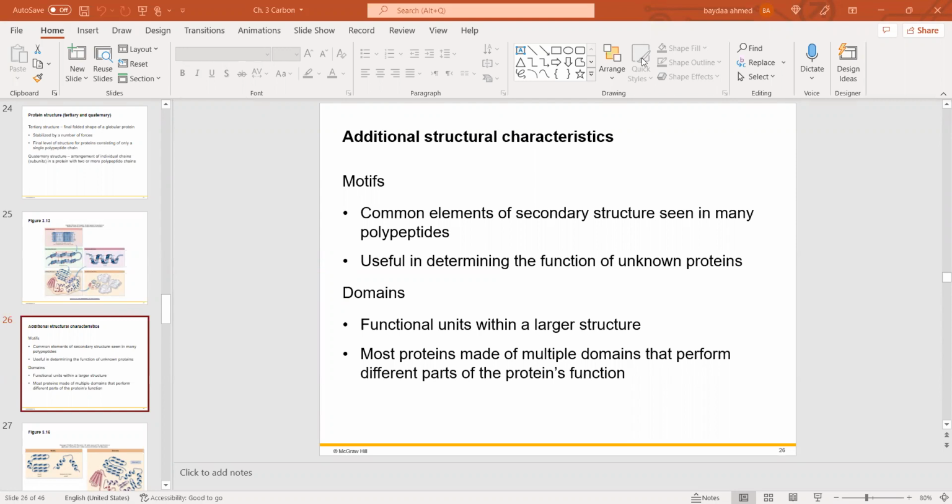Changes of a motif change the corresponding biological function, and it is useful in determining the function of an unknown protein. Domains of a protein are functional units within a larger structure. They can be thought of as structures within the tertiary structure of the protein.